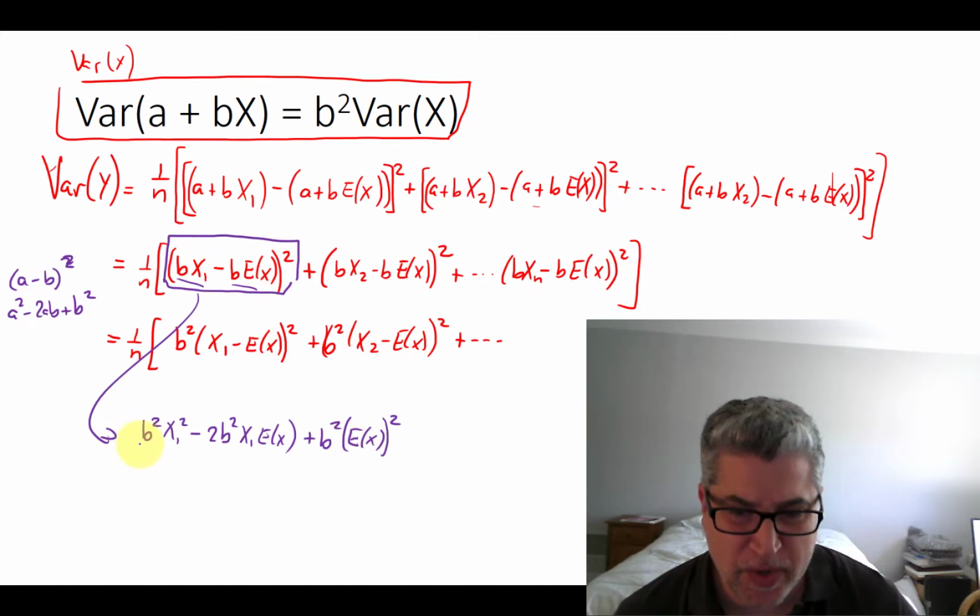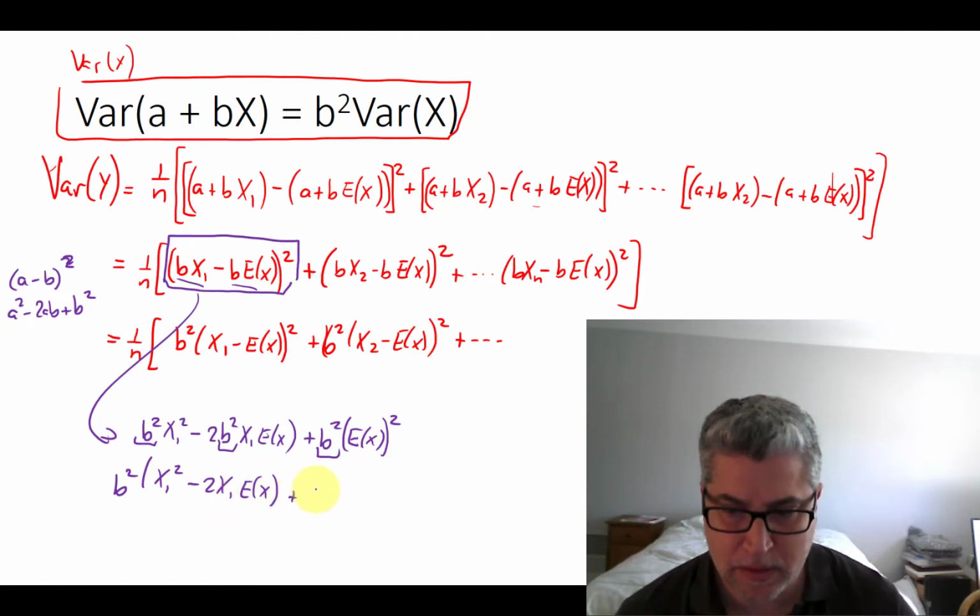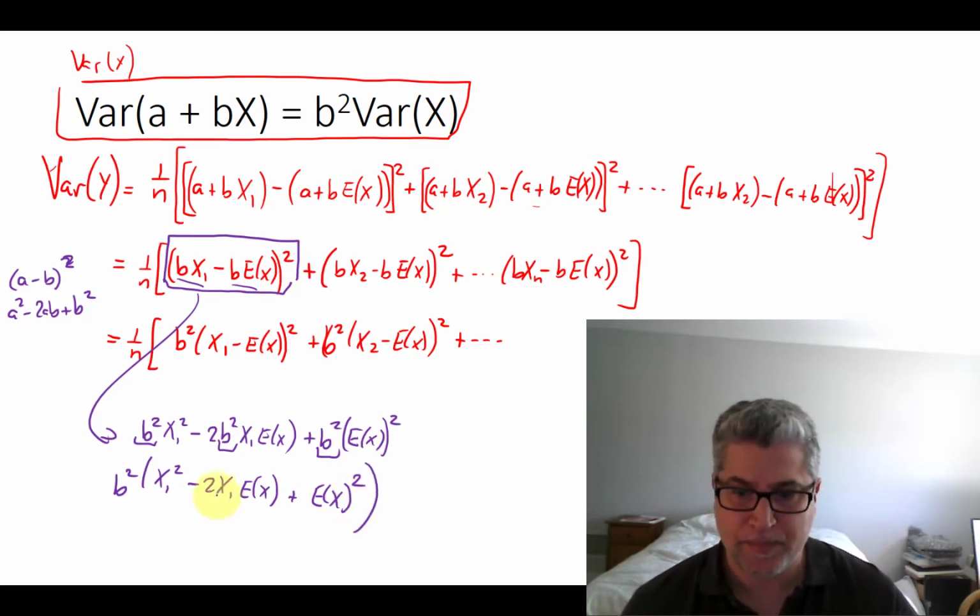And notice that b squared shows up everywhere. So you can pull out the b squared, leaving you with this. And so you can see that this is a foil.